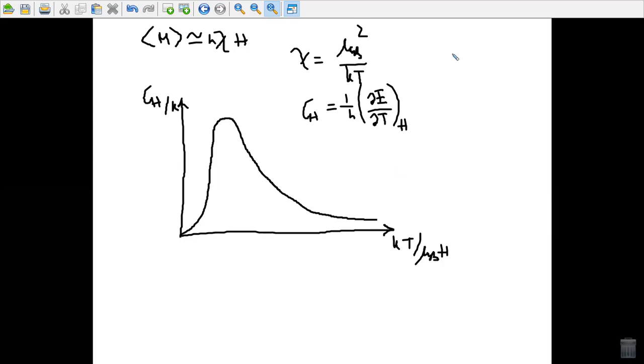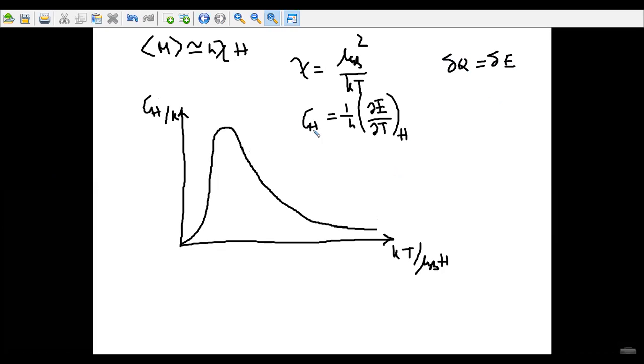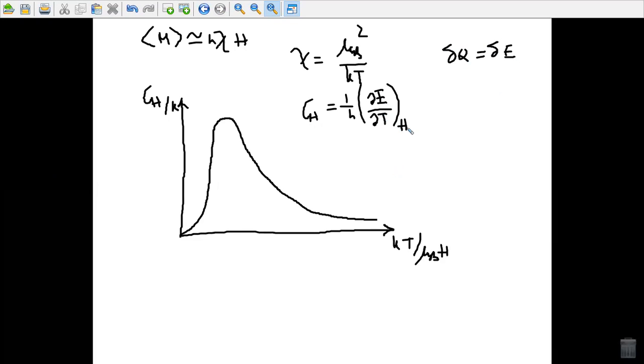At constant field, we all know that delta Q equals delta E, right? So clearly, C_H equals 1 upon N times del E, del T at constant H. And this type of behavior can be obtained where the x-axis is kT upon mu B H and this is C_H upon k.